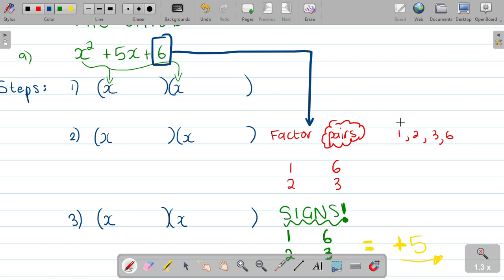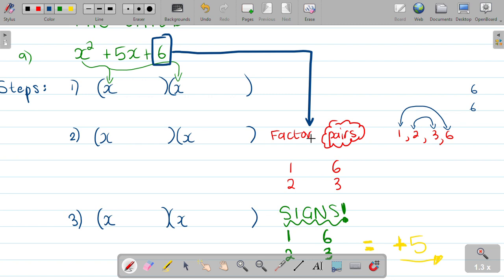I'll say that again. When you multiply them together, so let's say for instance 1 times 6 gives me 6. So that is a correct pair. The 1 and 6, you put them next to each other. And then 2 and 3. 2 times 3 is also 6. So that is the correct pairing. So you put those next to each other. Okay, we're going to do many more examples, but for now, in our example, we're dealing with the number 6.